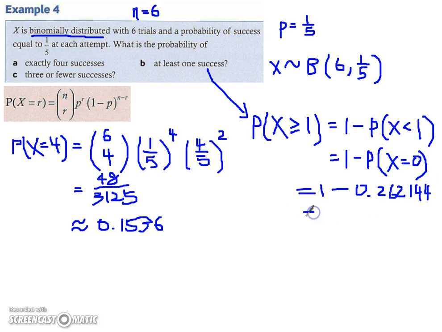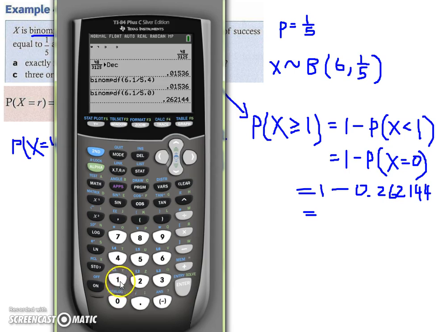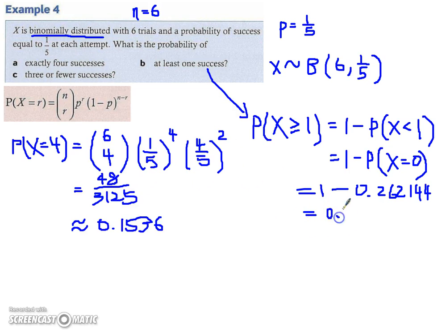And 1 minus that gives us 0.7378. Now let's round it up to 3 significant figures. I have 0.738, approximately.